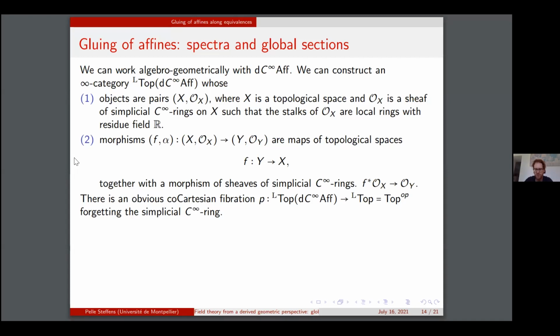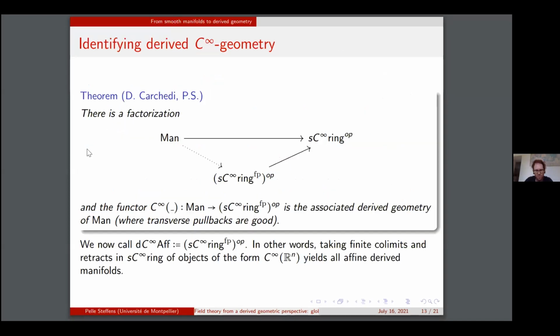And using this model, it's very easy to see that all DG manifolds, or, I don't know what the terminology is, I think N-supermanifolds, are in fact such affine derived manifolds, right? So we set derived C-infinity affine as the opposite of compact objects, finitely presented objects in simplicial C-infinity rings.